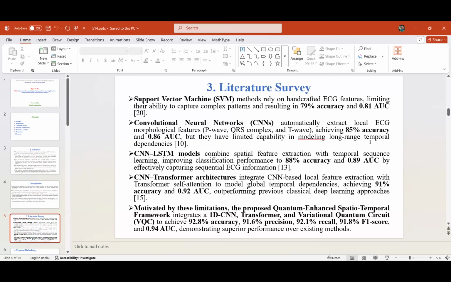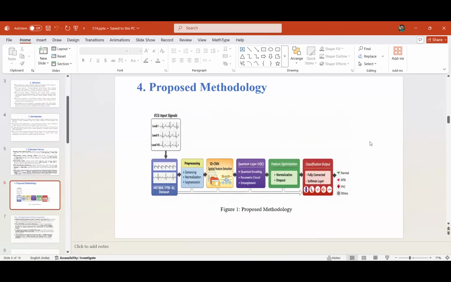They achieved more than 90%. Because of these limitations, we propose the quantum enhanced spatio-temporal framework, which achieves better performance than the existing methods in accuracy, precision, recall, and analysis.